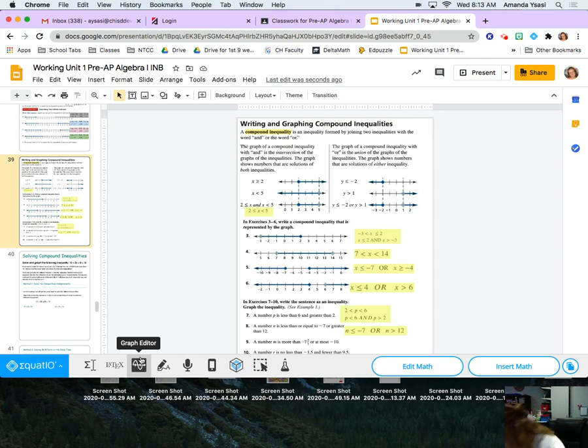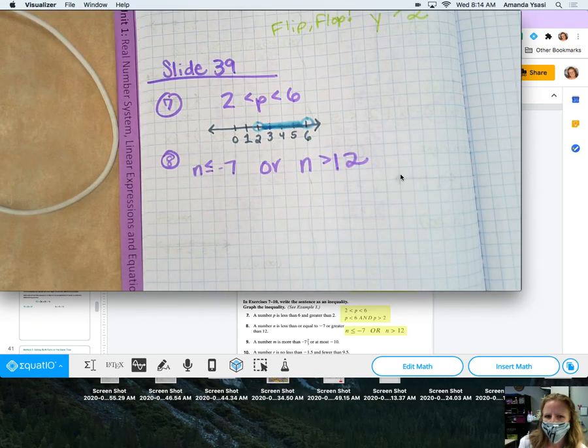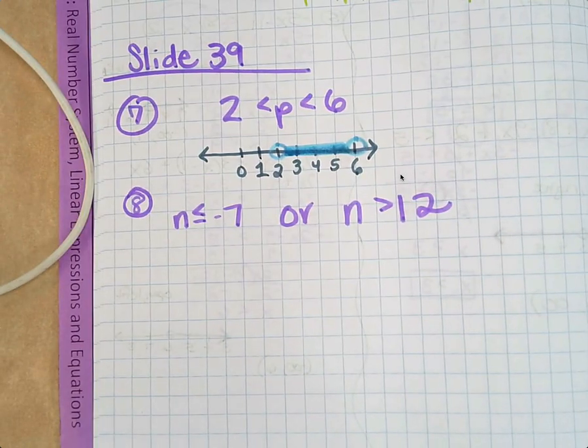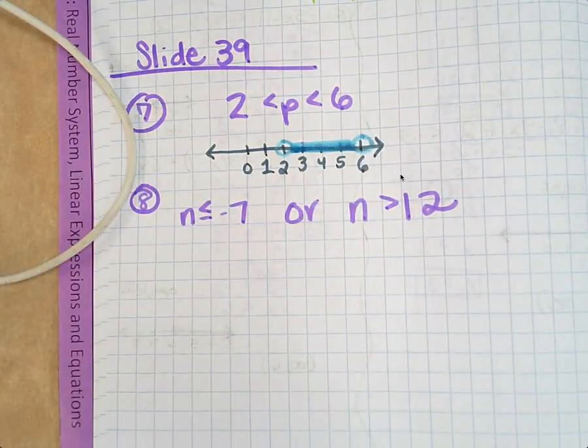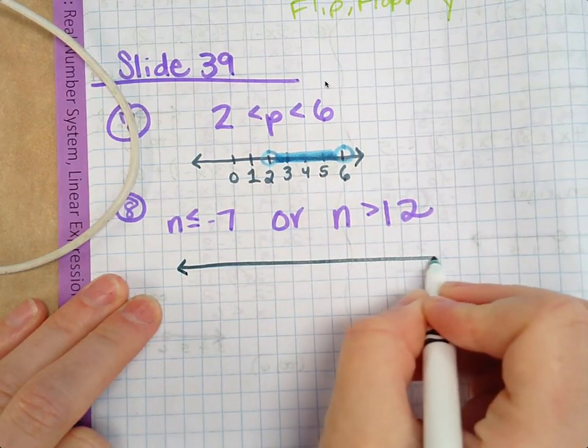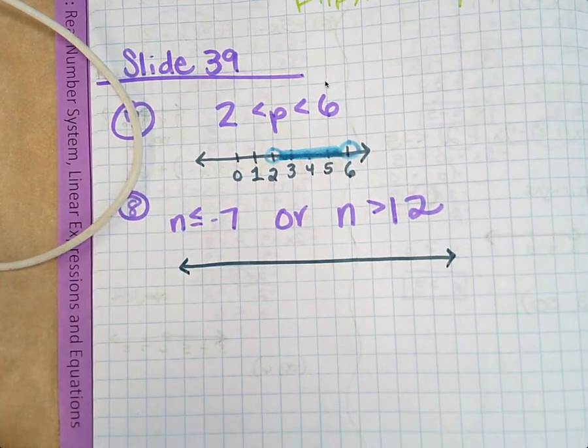So n is less than or equal to -7, or n is greater than 12. We don't have to go by ones.